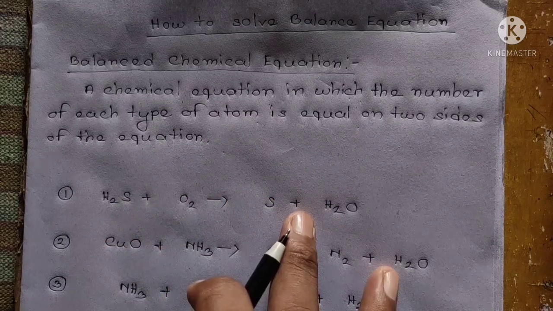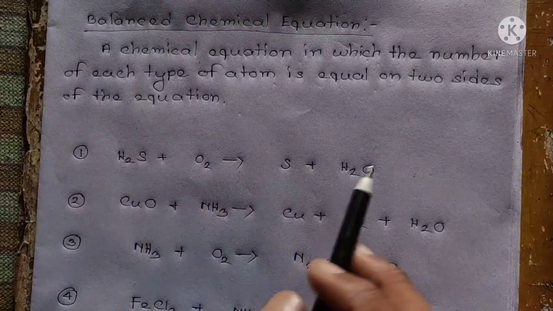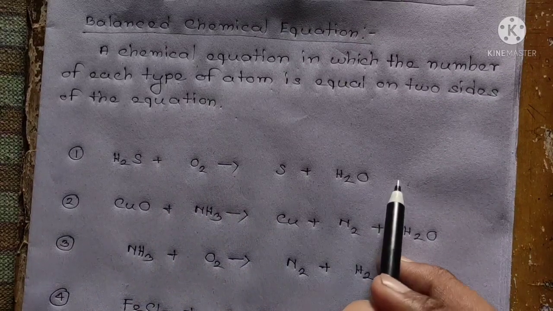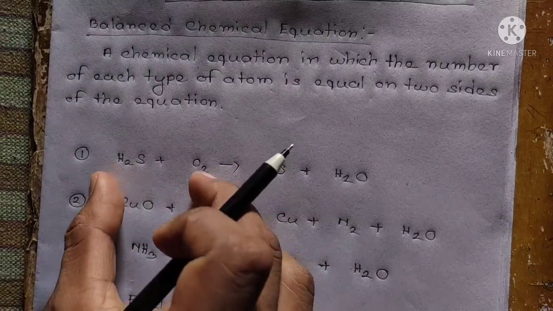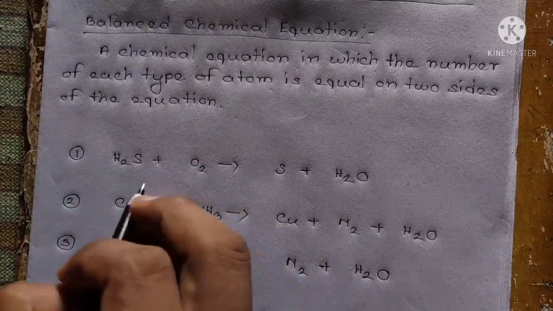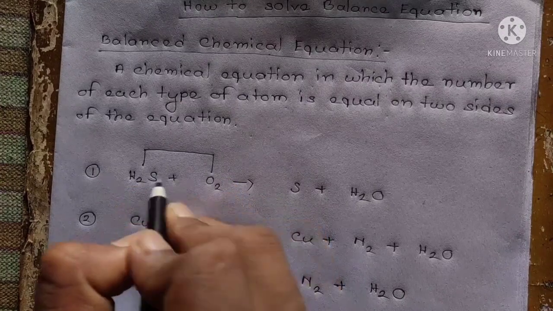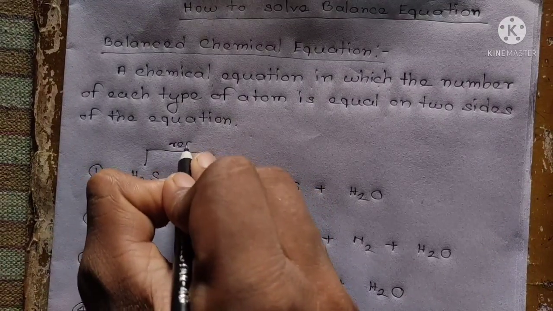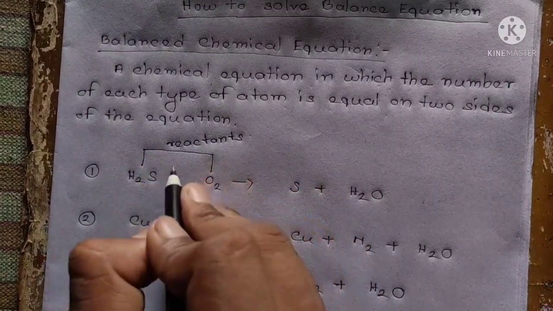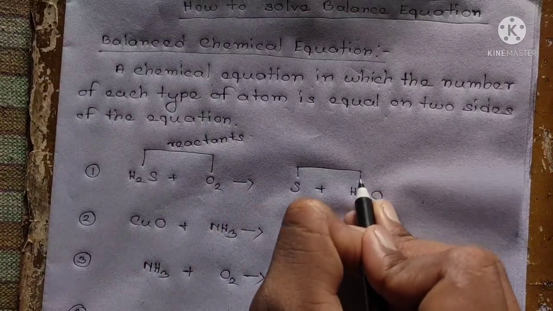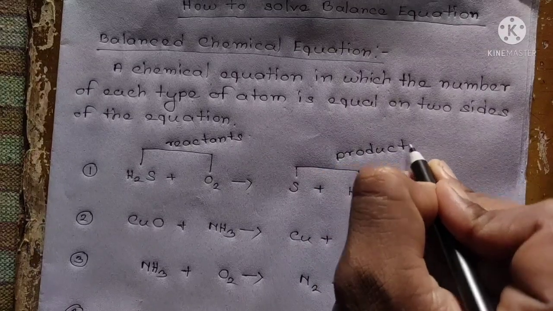Now let's see some examples of balanced chemical equations. Suppose the first one is an equation, but it is not balanced. We have to balance it. The left side of this equation is called the reactants, which react with each other and produce these two species, which are called products, right?